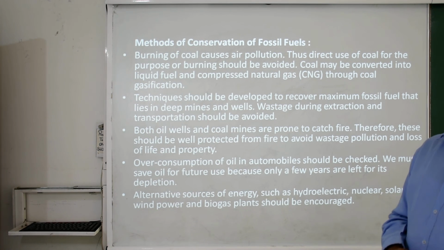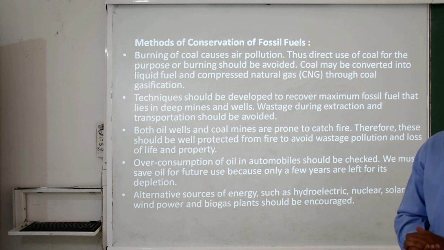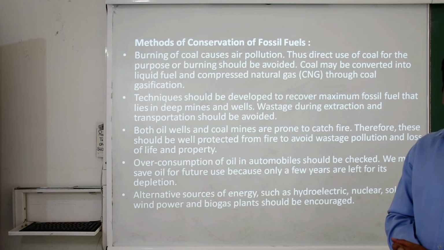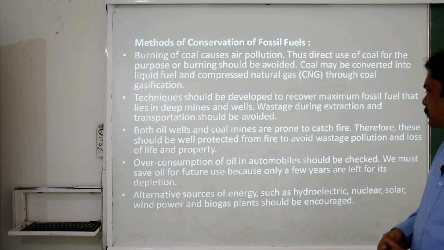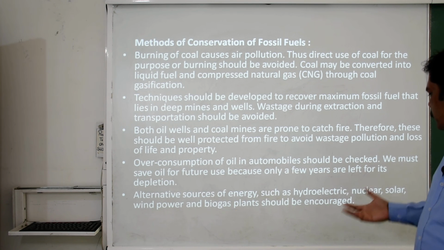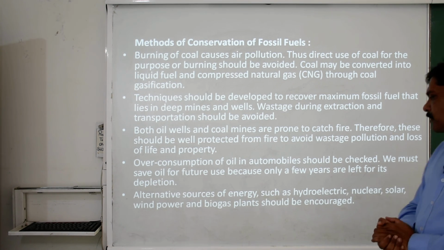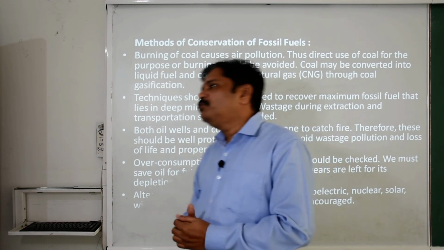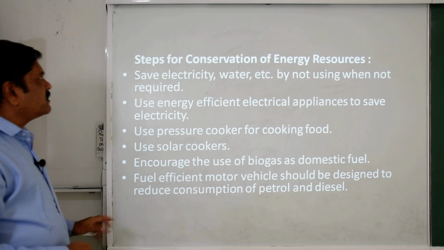You know that this fuel is available for the next few decades, but we don't know what will happen in the next few generations. Alternative sources of energy should be developed, like hydroelectricity, nuclear energy, solar, wind power, and biogas plants. They should be encouraged, used and settled down. Only by using these can we manage this problem.